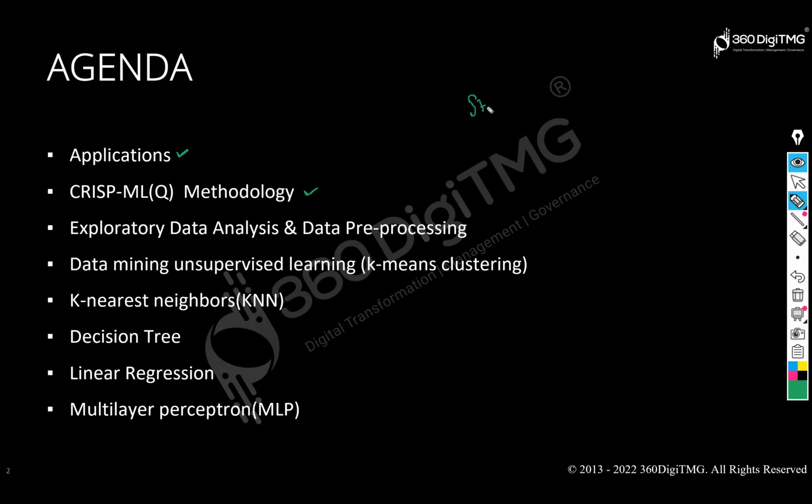So let's take stages of analytics. We have descriptive analytics, the first phase.